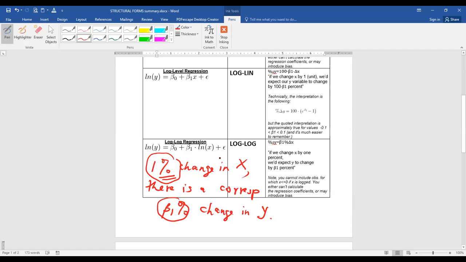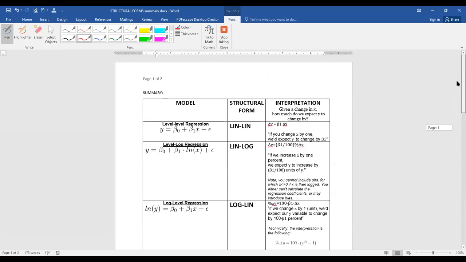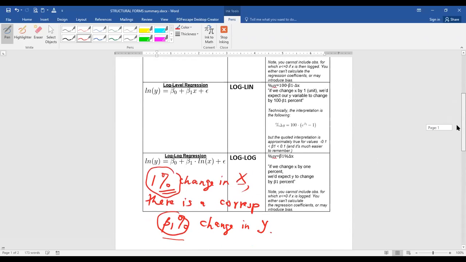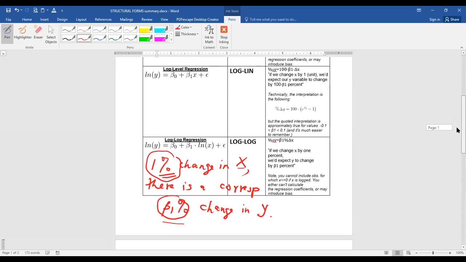If you encounter, guys, a regression model where your dependent variable is in log form and the independent variable is in log form din, ang interpretation niyan dapat, a 1% change in your variable x will result in a beta 1% change in your y. Okay, is that clear? Sir, question lang po. Yung beta 1, do we still have to multiply it by 100%? Hindi na.